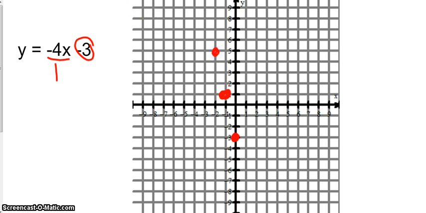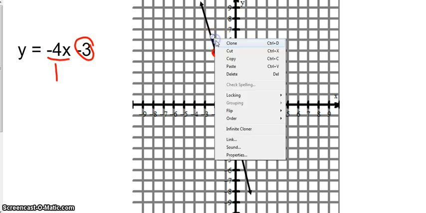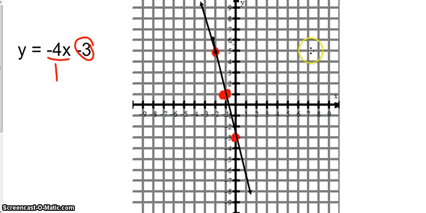Then I'm going to take a straight edge, and I'm going to connect those points. And there's my line.